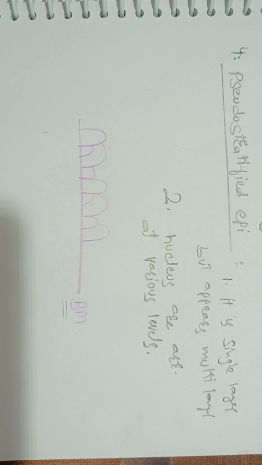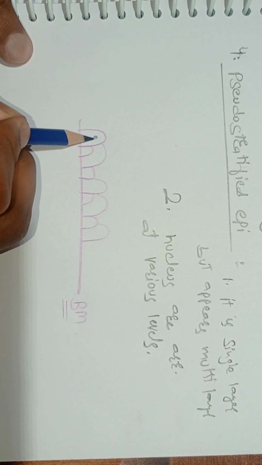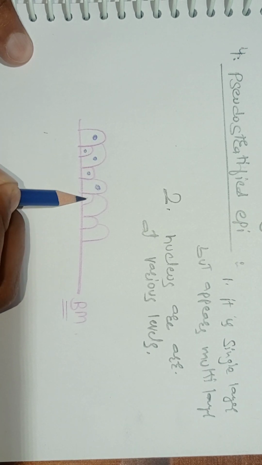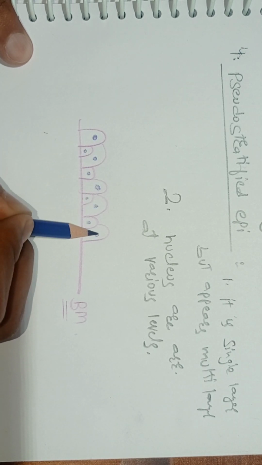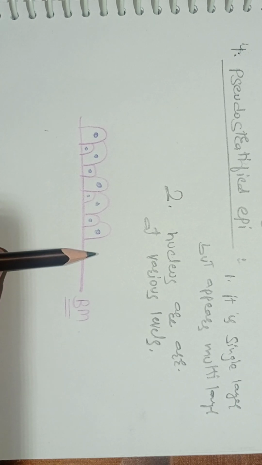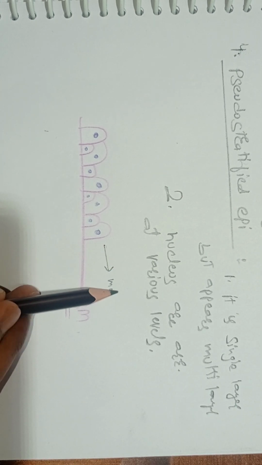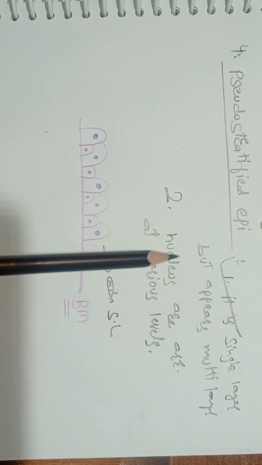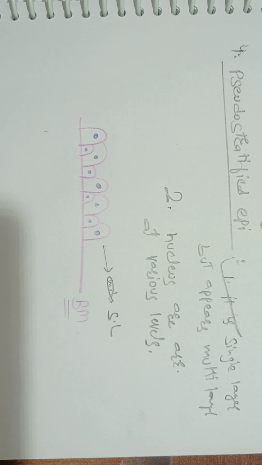As you can see from this diagram, it appears multi-layered, but it is a single layer. This is the first point. The second point, as you can see, is that the nuclei are arranged at various levels.